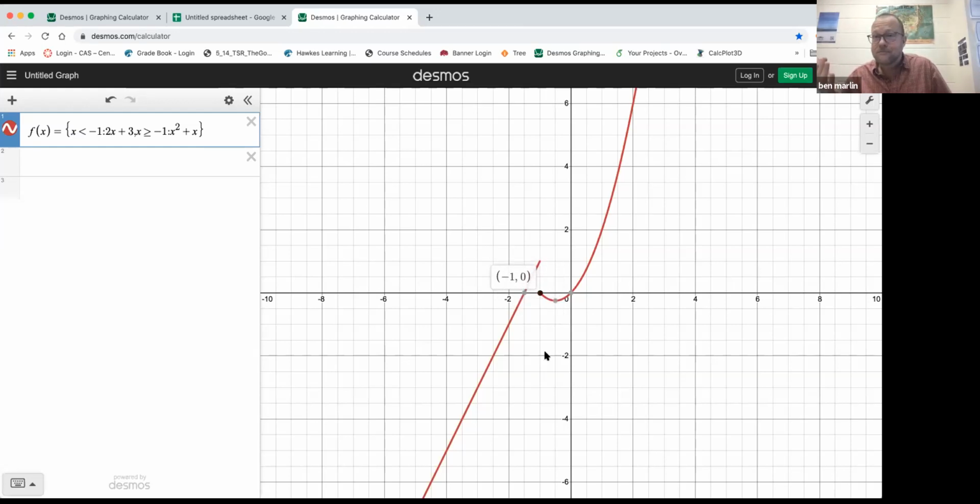Now, that should indicate to you that the plug it in method is a little bit suspicious there.